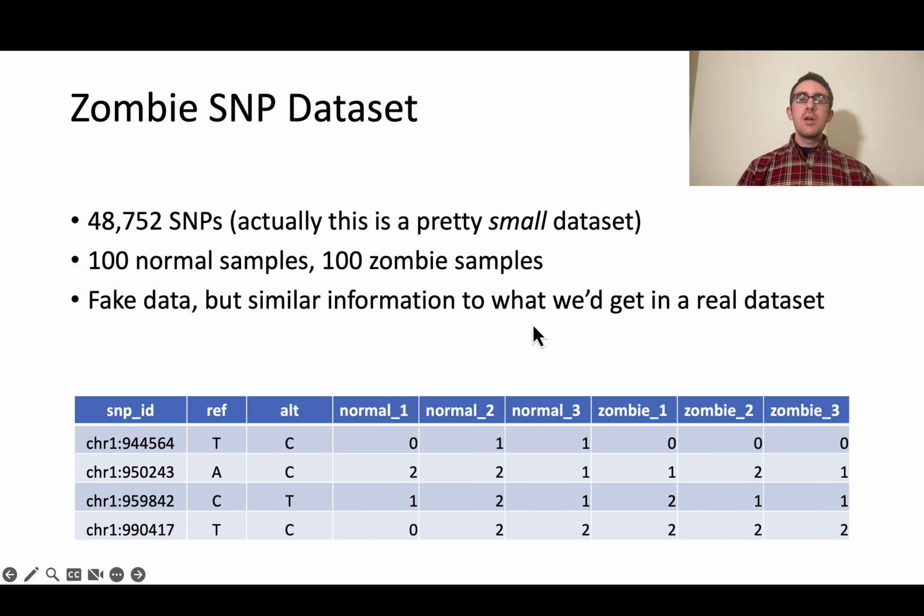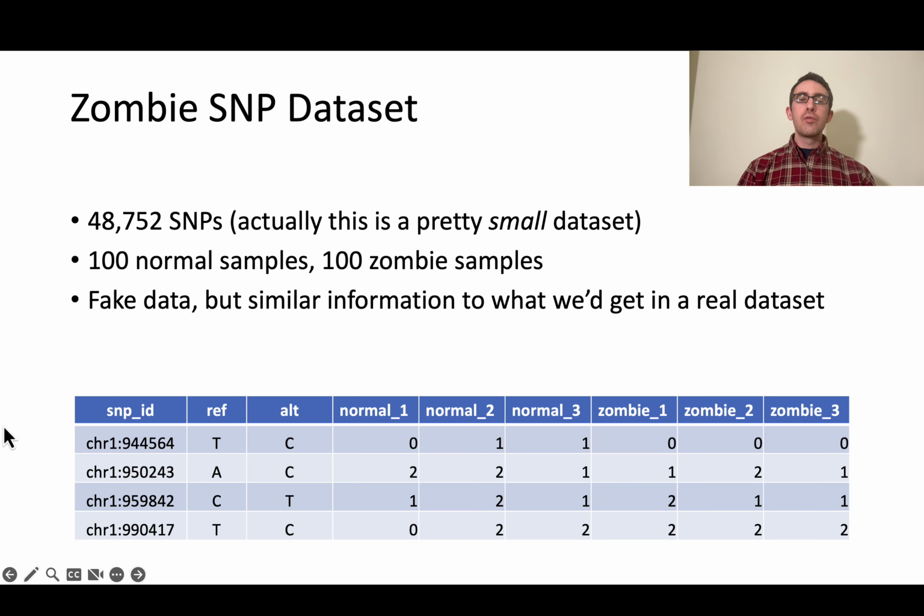And so basically, this data set is going to tell us the genotypes, where in this case genotype just means what allele copies each person had for each SNP. We're going to try to use those genotypes to see which SNPs are related to the phenotype of whether the person became a zombie or not after getting bit by a zombie.